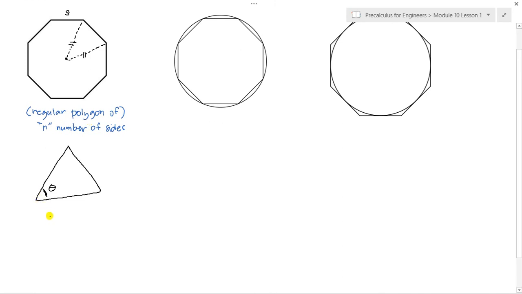Ang theta here is just equal to 360 degrees divided by the number of sides. So if that is an octagon, the theta there is 360 divided by 8, that is 45 degrees. If that is a pentagon, that is 360 divided by 5, the theta there is 72 degrees.